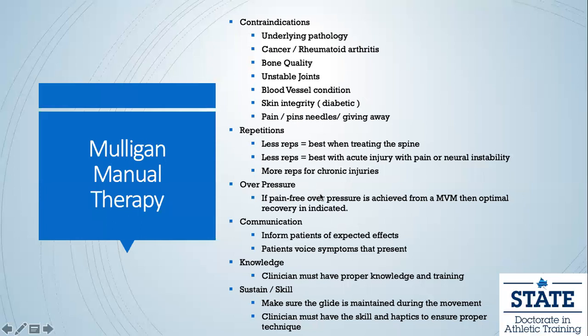So if we're able to do this with no pain, then most likely the patient will be getting better. Up next, there's communication. We need to inform patients of what's going to happen and what we expect to happen.